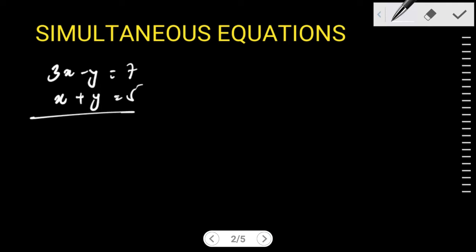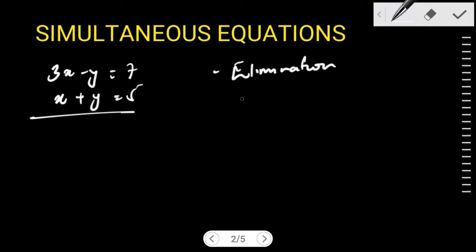So you find that in this example there are 2 unknowns, x and y, but I'm supposed to find the value of each of them. There are various methods of solving this. One of them is the elimination method.